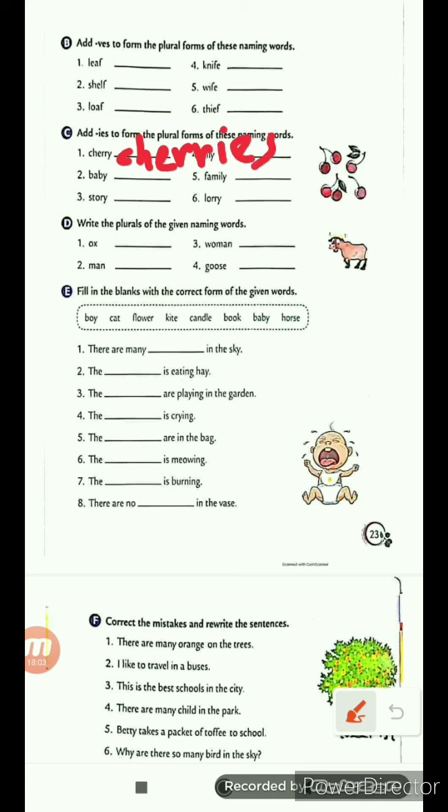Cherries. Okay. Next is baby. B-A-B-Y. So you will write B-A-B-I-E-S. For the last ending you will do I-E-S. You will remove Y and you will write I-E-S. Story, same thing. S-T-O-R-I-E-S. Stories. Okay, like this you will do.